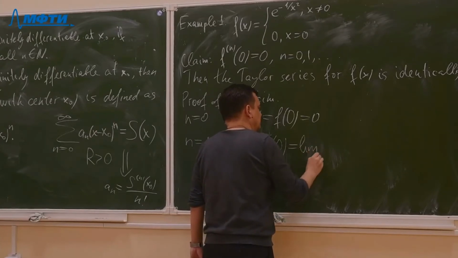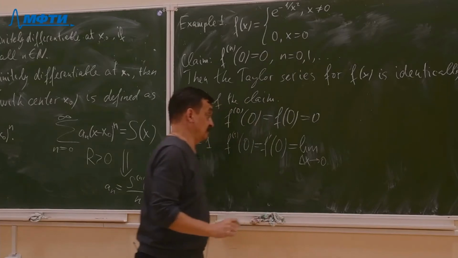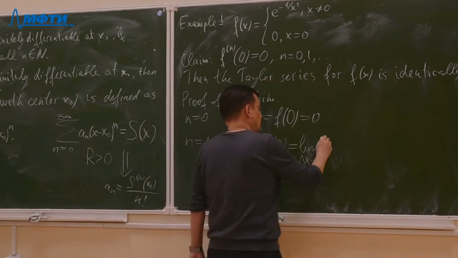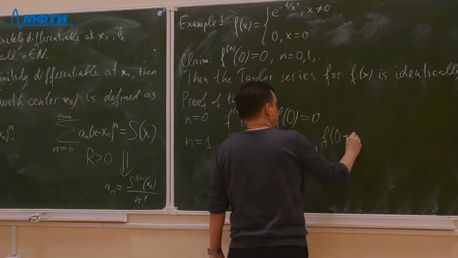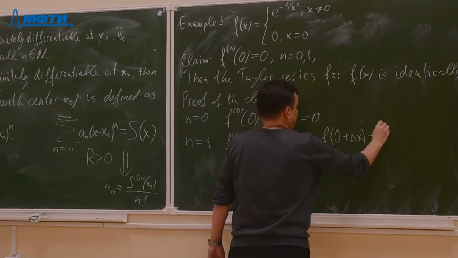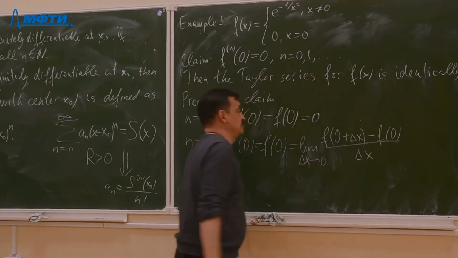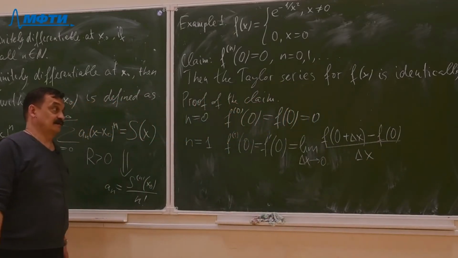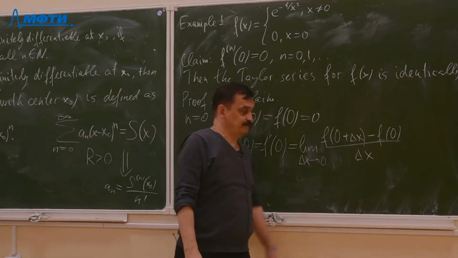So we need to consider the limit as delta x tends to 0 of the difference between the values of our function at 0 plus delta x and at 0, divided by delta x.